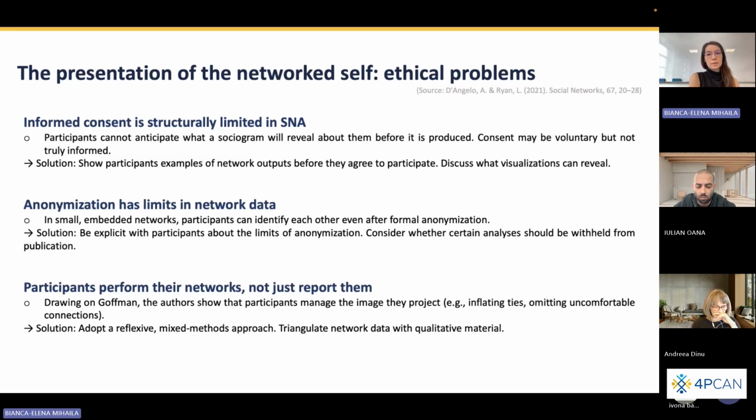And there's a nice idea from D'Angelo and Ryan, drawing on the Goffman theory, that participants are somehow performing their network, and maybe the researchers may not collect the data that they want, but the data that the participants want the researcher to receive, such as inflating ties, omitting uncomfortable connections, or omitting some personal information, even though the participant knows the information.